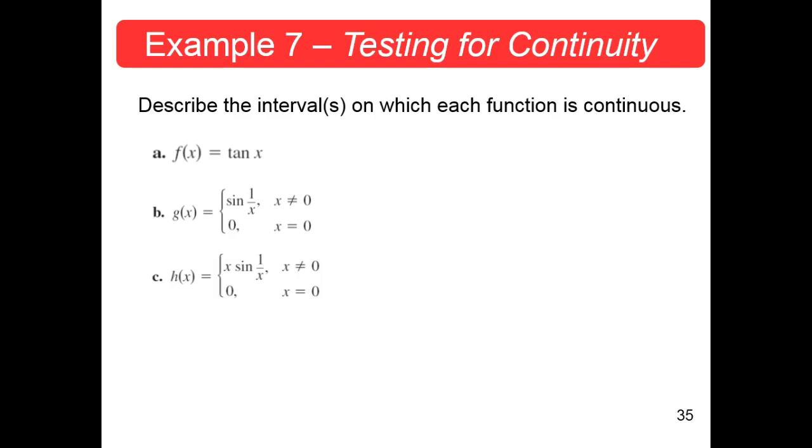Let's do this. Testing for continuity. Describe the interval or intervals on which each function is continuous. Where is f of x equals tan x continuous? As if we hadn't hit that enough today. What would be the intervals for that?